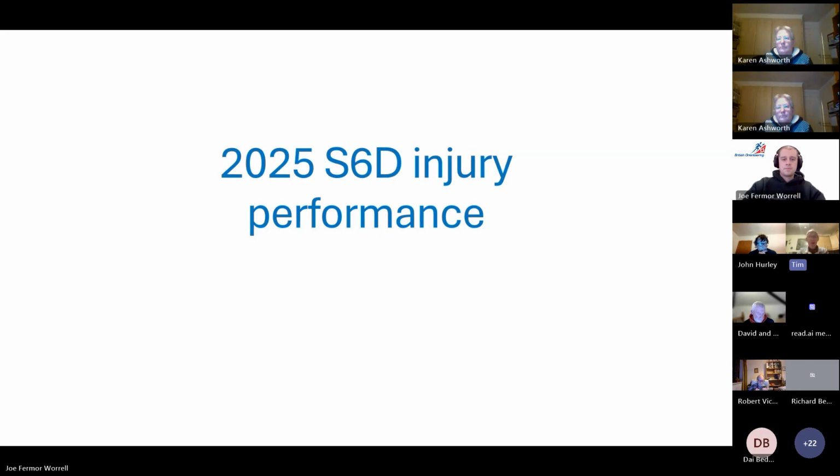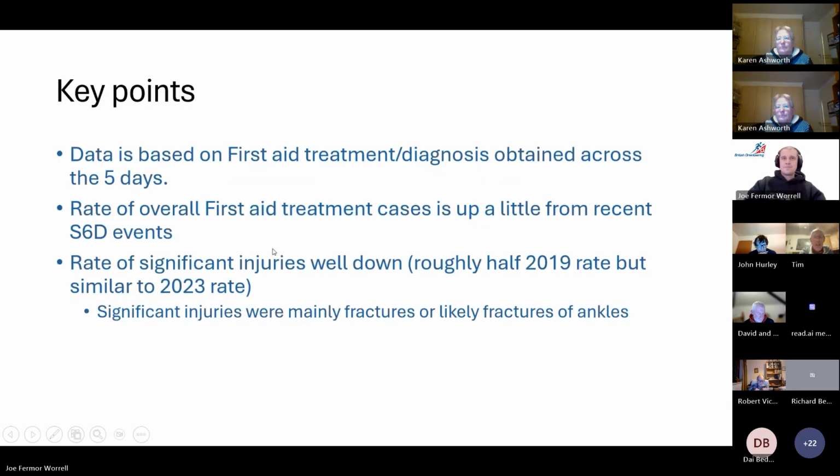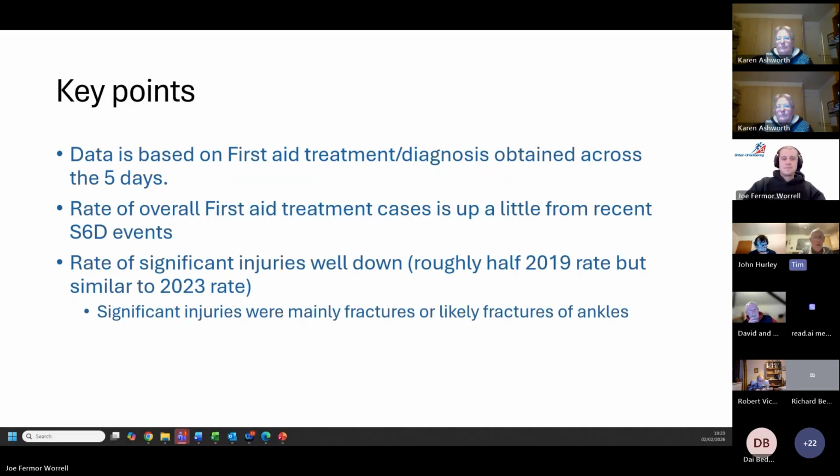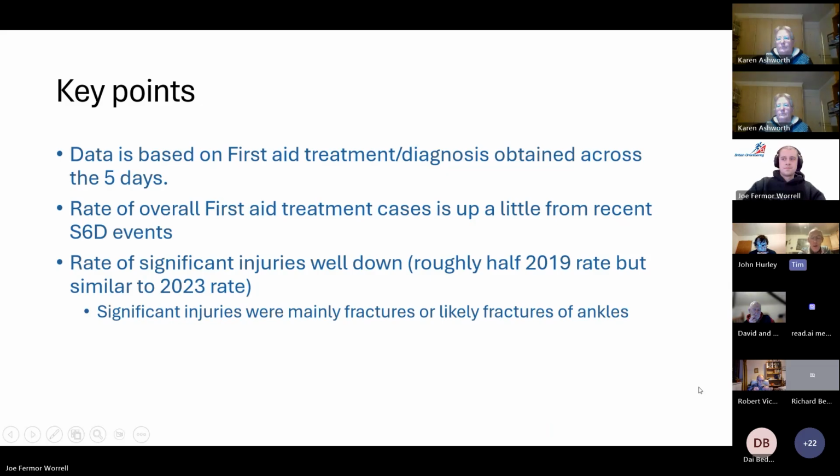Joe, can you show the first slide? Right, so here are the provisos, or just giving you the context. The data is based entirely upon the first aid treatment and the diagnosis from each of the 5 days. Remember, between 2019 and 2025, it's 5 forest days now, not 6.